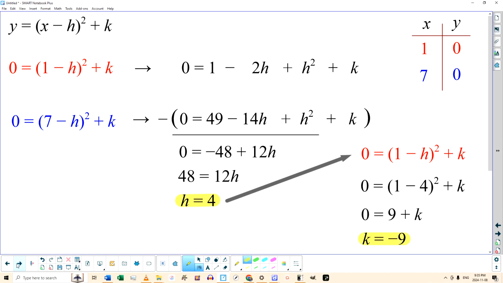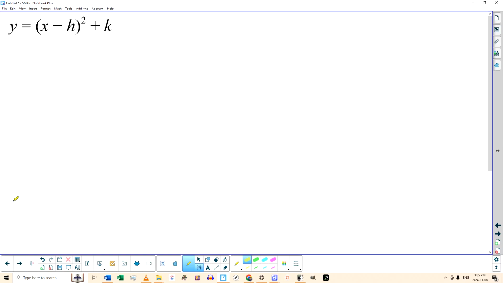So we know the values of these parameters now. And that means we actually know the value of the equation. If I were to take this known equation for the resulting transformation of x squared, y equals (x minus h) quantity squared plus k, and I use the h of 4 and the k of negative 9, I get this function: y equals (x minus 4) quantity squared minus 9.